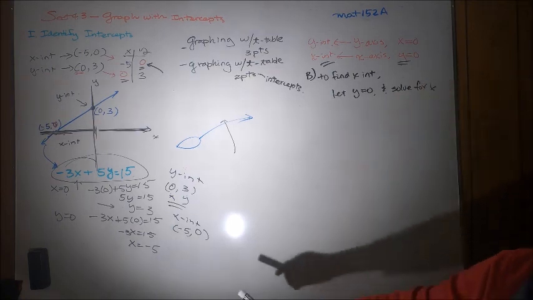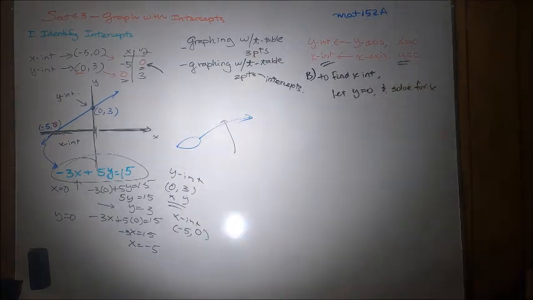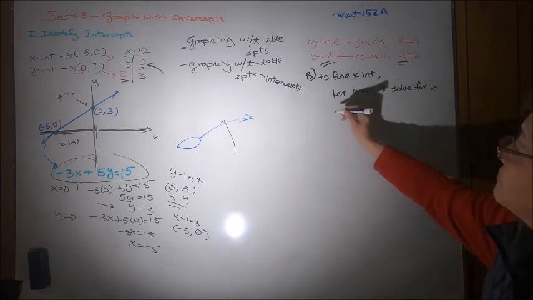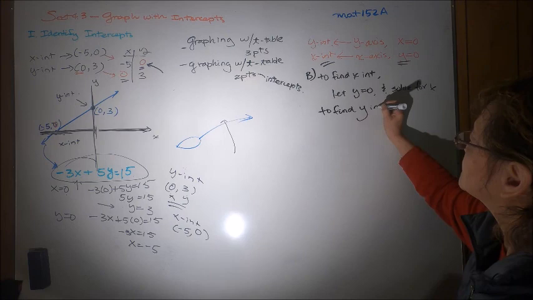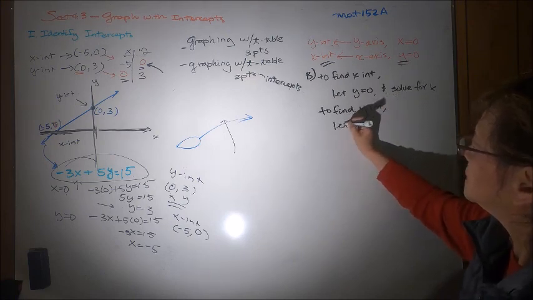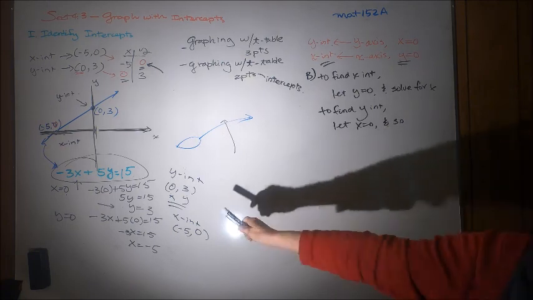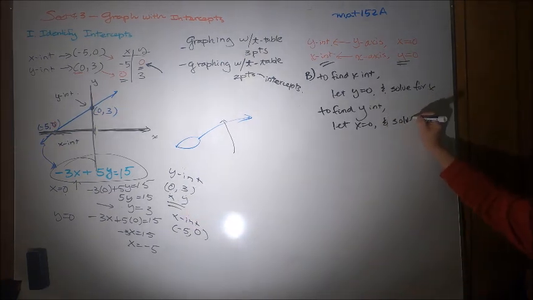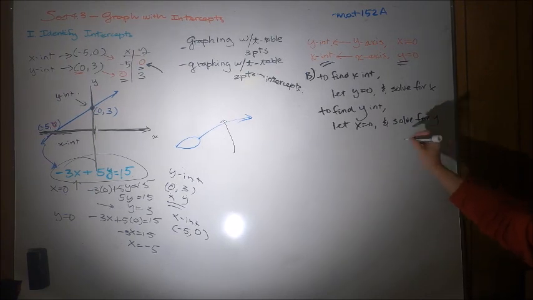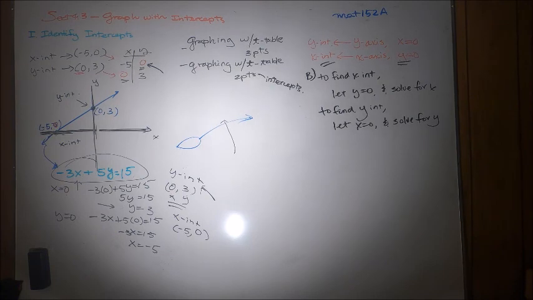Right? We let y be 0, then we solve for x, then we find the x-intercept. If we want to find the y-intercept, what do we do? We will let x be 0, then solve for y, then we will find the y-intercept.